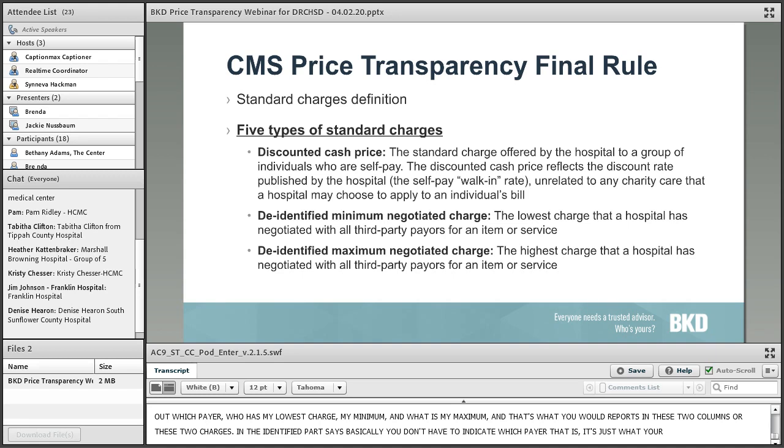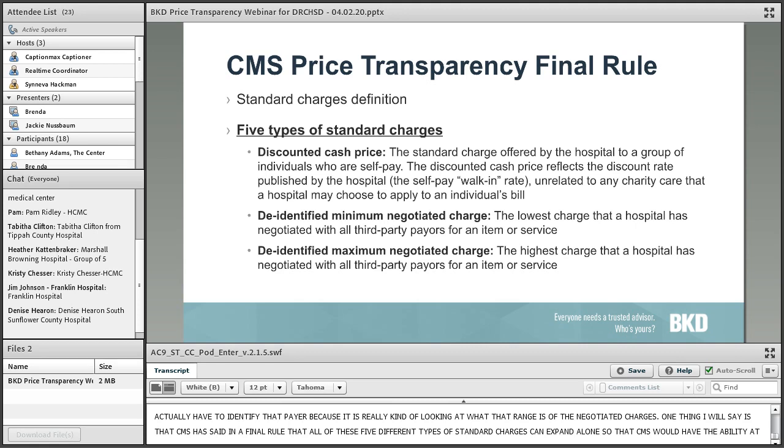And then that's what you would report in these two columns. And the de-identified part basically says you don't have to indicate which payer that is. You're just going to say what's your minimum, what's your maximum. Obviously, somebody could go back and look at all of your different payers and figure that out. But in these columns, you don't actually have to identify that payer; it is really just looking at what that range is of those negotiated charges or rates.